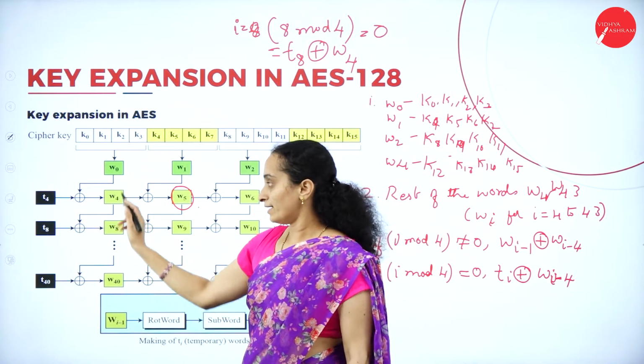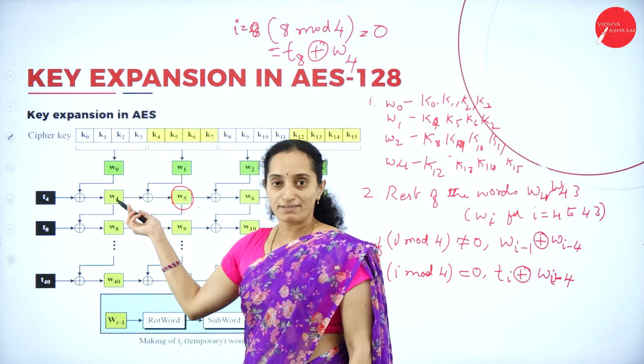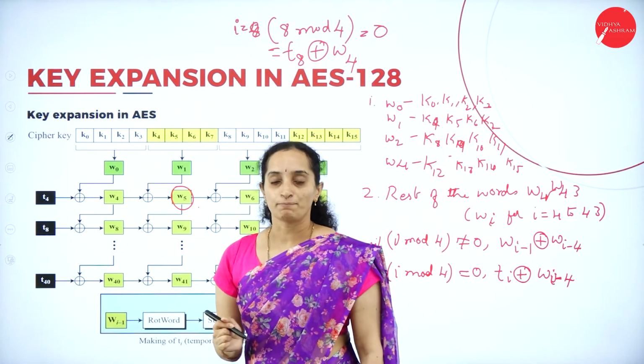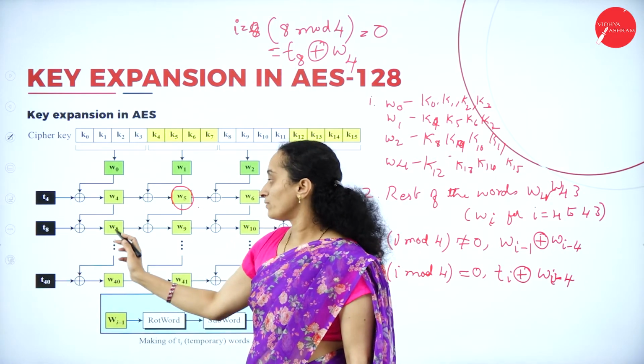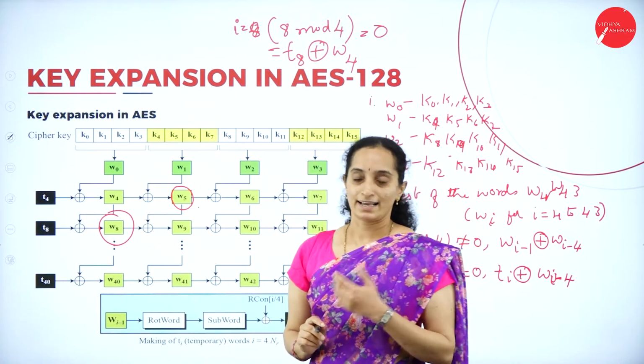The first word in the next round takes the input from previous round's first word and the temporary word. This will be used to generate the first word in the next round.